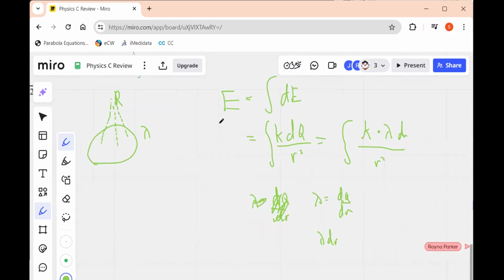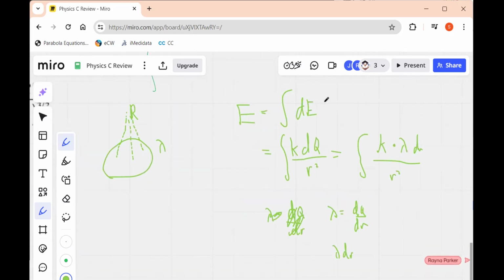And because this is only the E in one direction, we're going to use E sine theta. And so we have a distance x from the point.